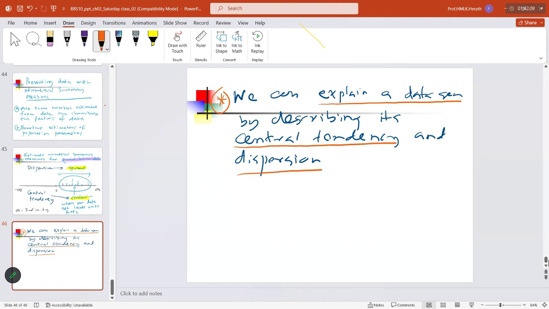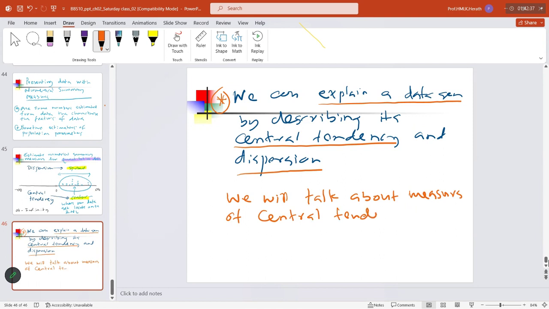So then we will be talking about measures of central tendency and dispersion.